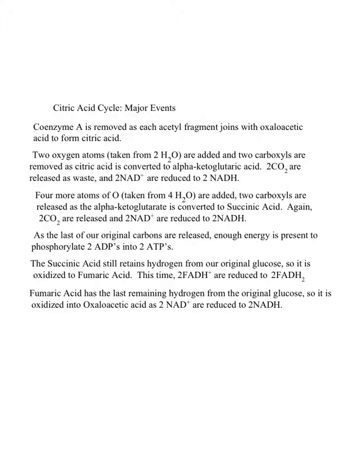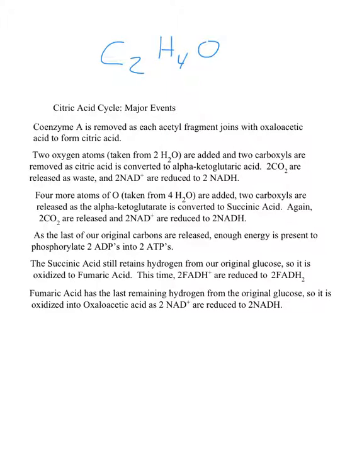But if you remember, each acetyl group has got 2 carbons, 4 hydrogens, and only 1 oxygen. We don't have enough oxygen to make a carboxyl group. So that's why we put some water in there. If we remove 2 oxygen atoms from a couple of water molecules, we now have enough to make 2 CO2s, or 2 carboxyls, I should say.